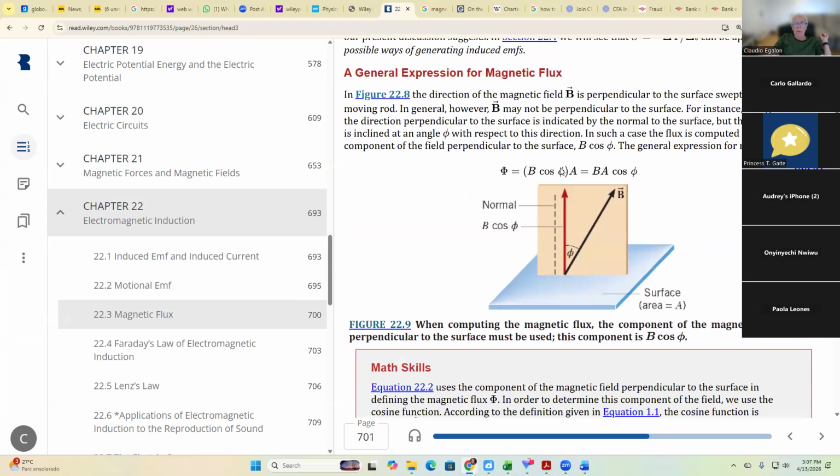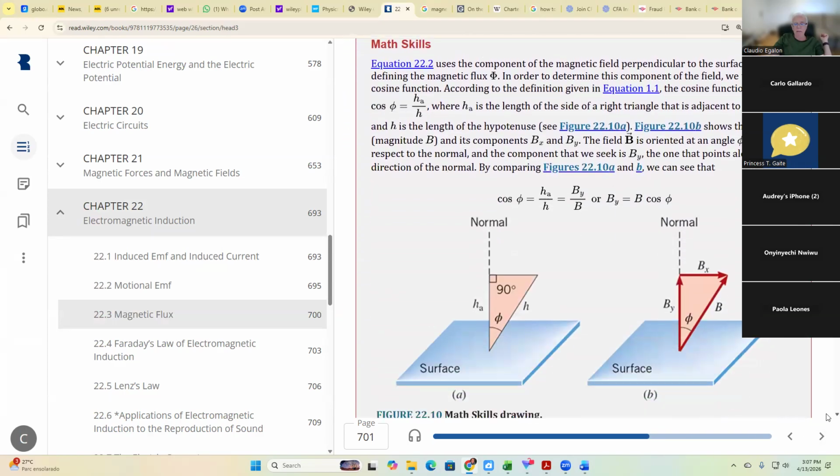Phi in this case is the angle between the normal of the plane of the circuit and the magnetic field. So here's the surface of the circuit, and here's the magnetic field. Here's the area vector. It's the same equation that I showed you for the magnetic flux.